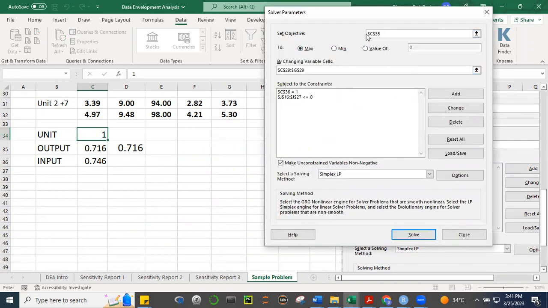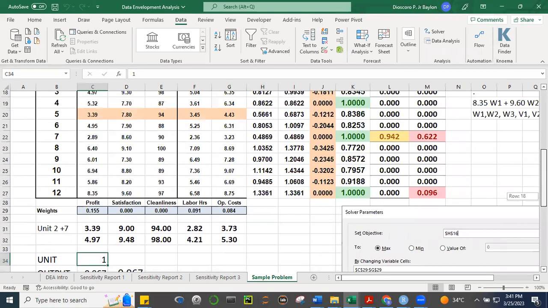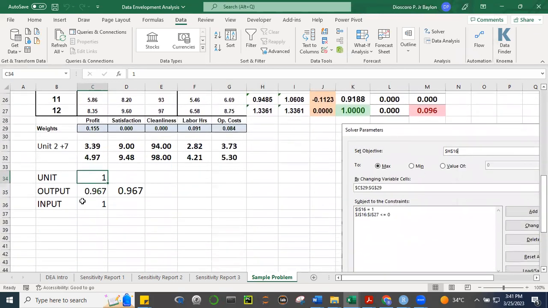Unlike before, you had to change this and then you had to change this. You don't have to change anything here because everything has already been set so that we'll get an output. We have already defined our weighted output and weighted input based on the unit number. Okay, solve. Then solver found a solution, and it fetches here.